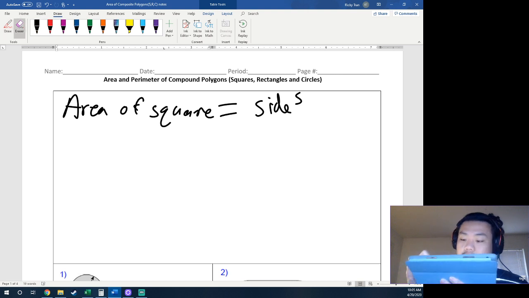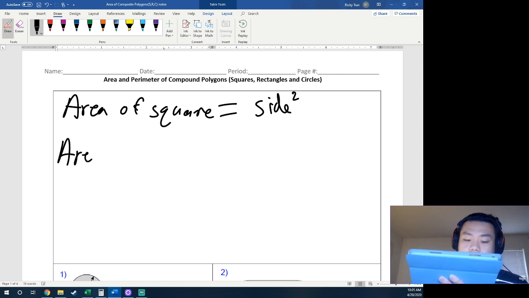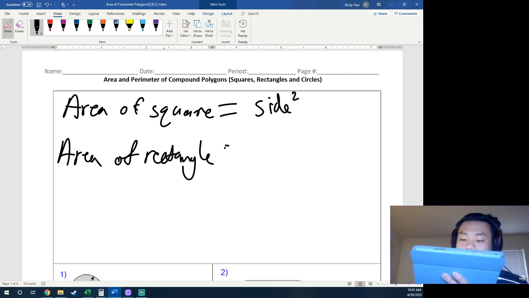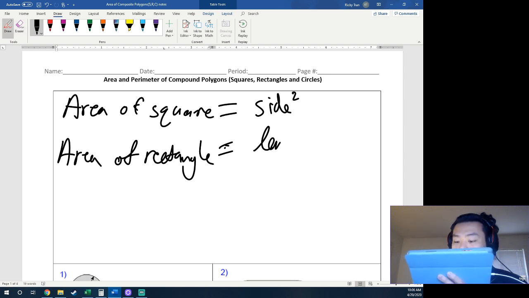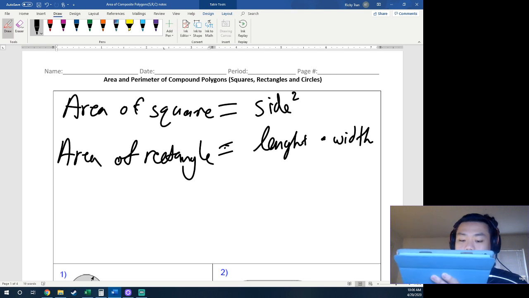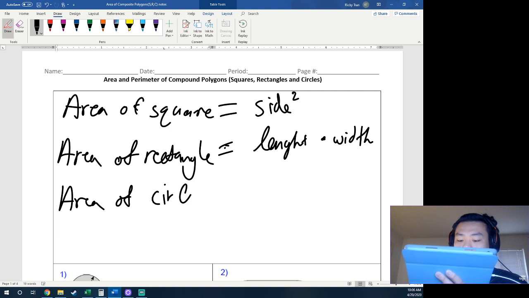Area of a rectangle is length times width, and area of a circle is pi r squared.